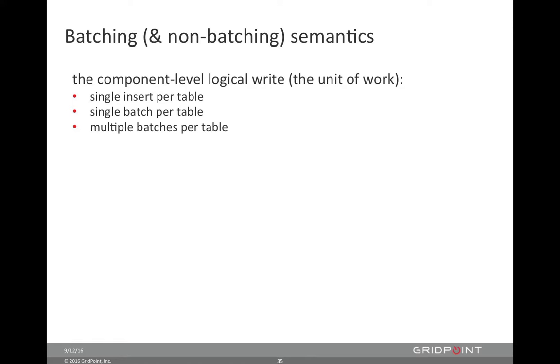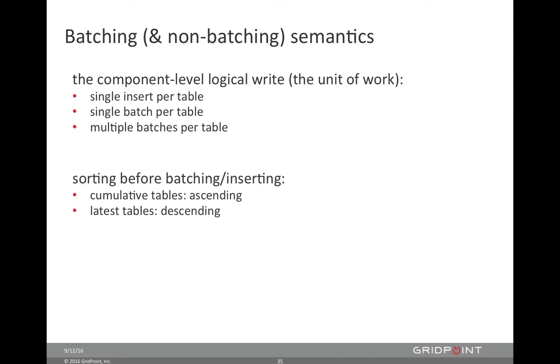So the real leap in complexity is going not from single batch per table to multiple batches per table, but just from single insert per table to batching. That's a complexity burden we're willing to bear, though, considering that instead of sending out 275 statements or 500 statements, depending on the type of write, we need only send out one.